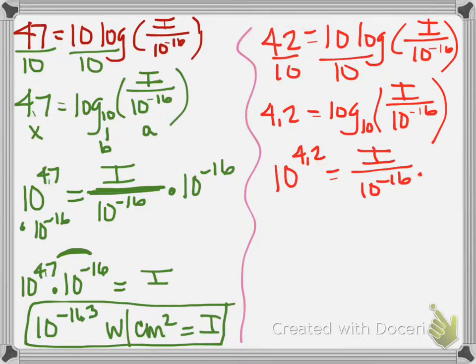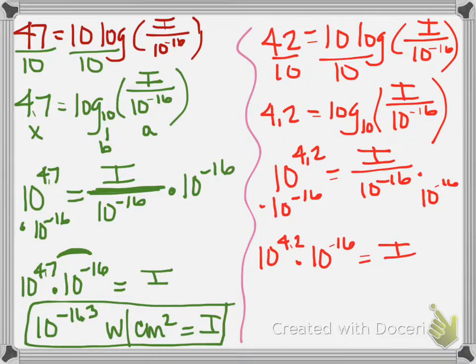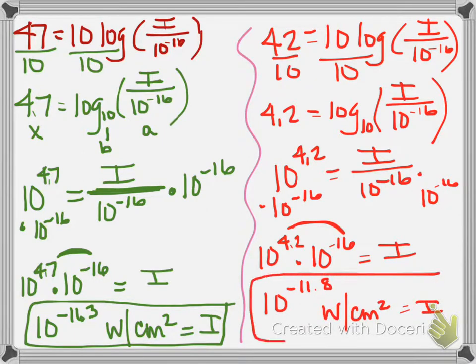And then multiply both sides by 10 to the negative 16. So I have 10 to the 4.2 times 10 to the negative 16th equals I. Adding these two together gives me 10 to the negative 11.8 power. And I want to label watts per centimeter squared equals I. So here is for 42 decibels.